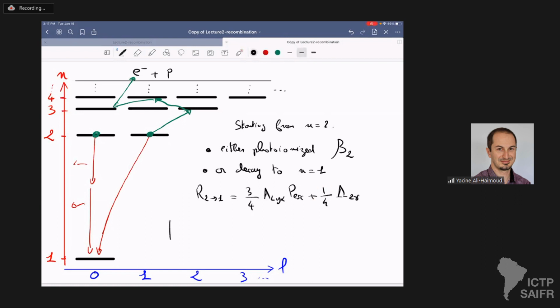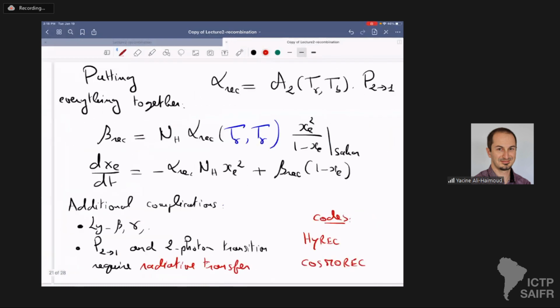So then we can find the probability for an atom which is initially in n equal 2 to reach the ground state rather than being photoionized. This is the ratio of this net decay rate to the ground state to the sum, the inverse lifetime of the n equal 2 state. All right, so let's put everything together now.